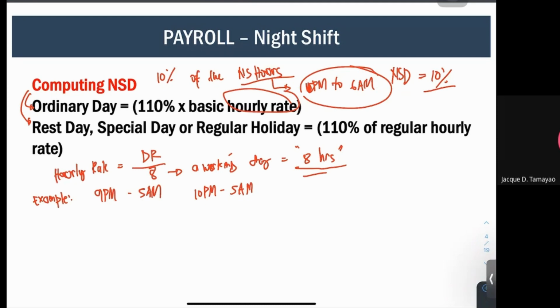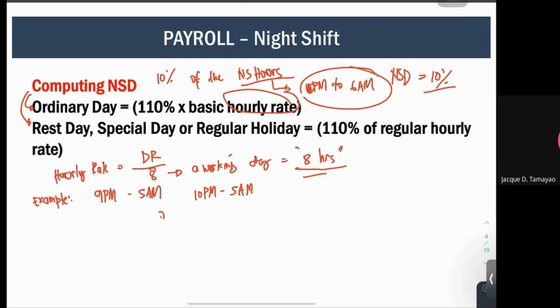Okay. So 10 to 11, 11 to 12, 12 to 1, 1 to 2, 2 to 3, 3 to 4, 4 to 5. So you have 7 hours night shift. These 7 hours of night shift are eligible for a 10% night shift differential.